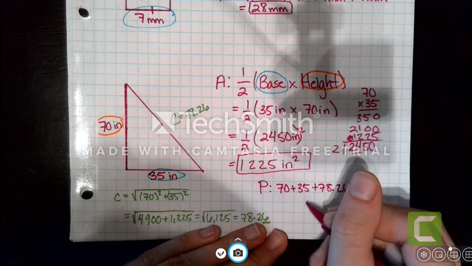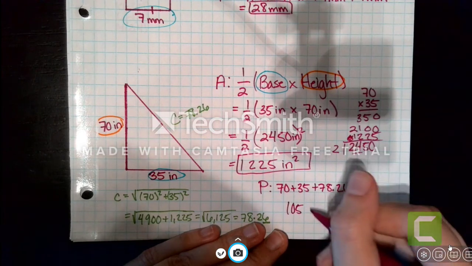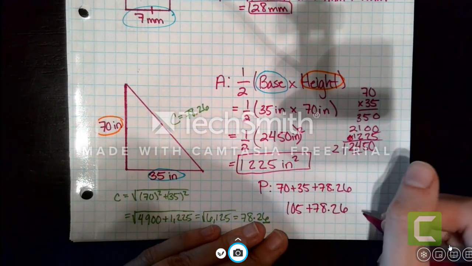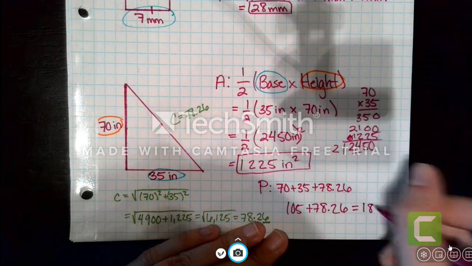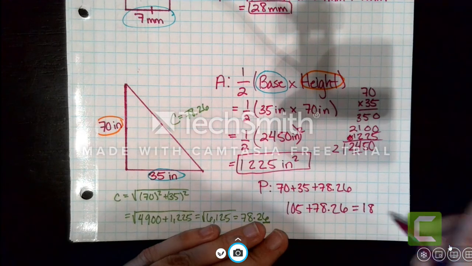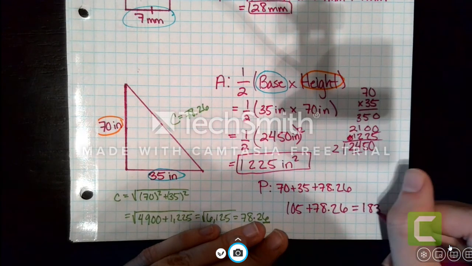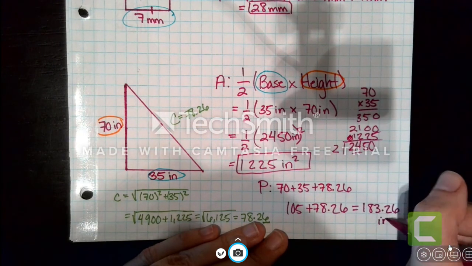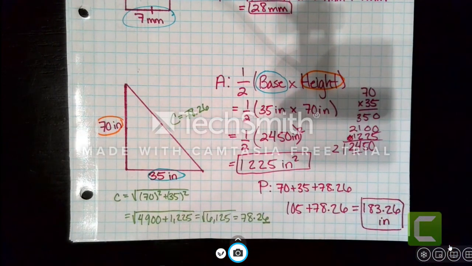And adding those together, it's 105 plus 78.26. Your perimeter should be 1,083.26 inches. Because again, it is a perimeter, so we have to include our units as given.